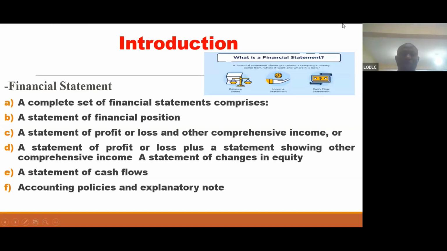Though we have other contents, which are the statement of changes in equity, the cash flow statement, and accounting policy and explanatory notes. So the elements that we are talking about should be based on the statement of income.